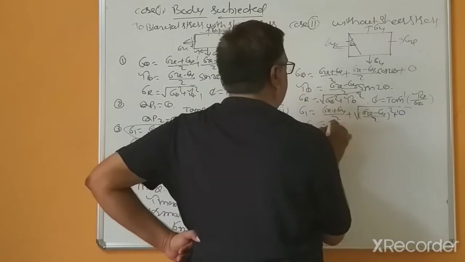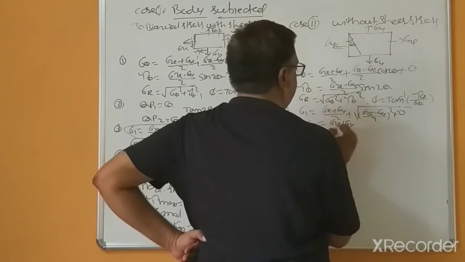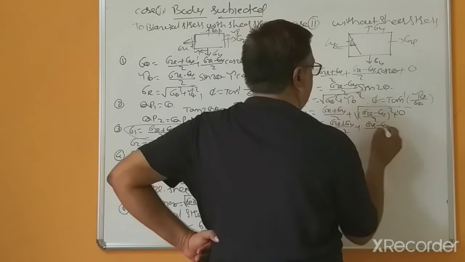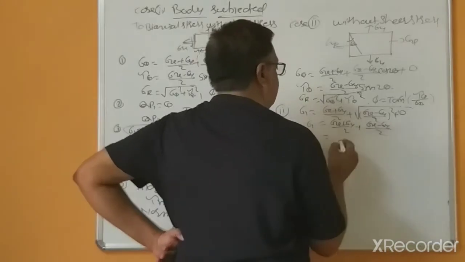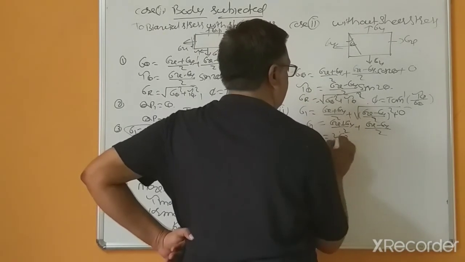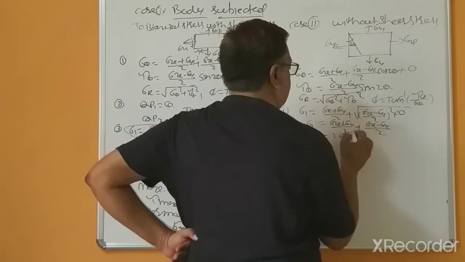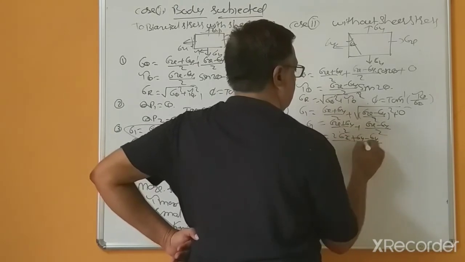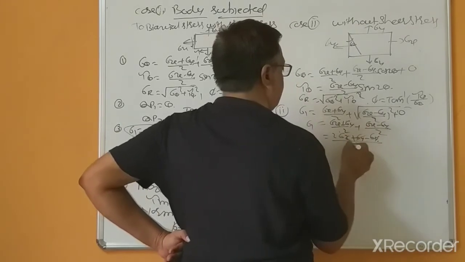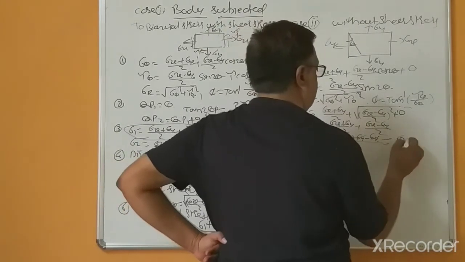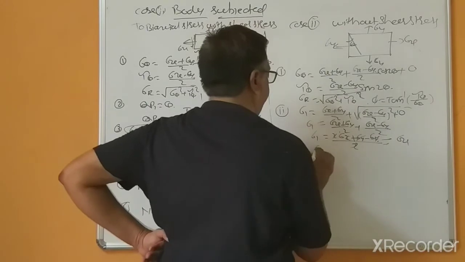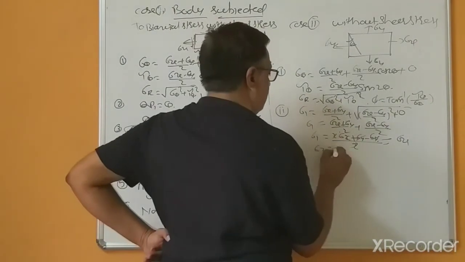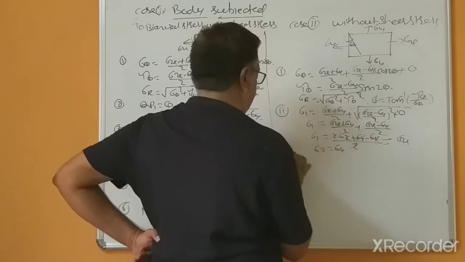So this is the proof: sigma x, sigma y divided by 2, this sigma x will get cancelled, and sigma 1 equals sigma x and sigma 2 equals sigma y.